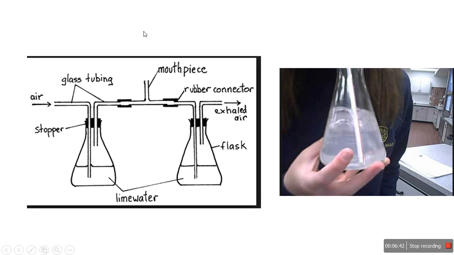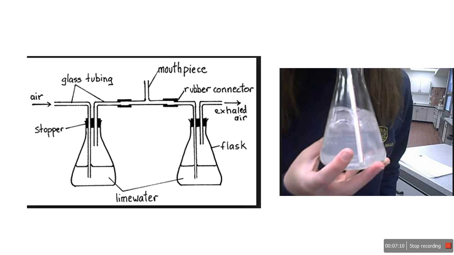Then when you exhale, the air will go back down this way into this lime water, not into this lime water, and this will begin bubbling as you breathe out. Then the gas, as it escapes, will come up through the flask and come out this end. So that's just a description of how that works.